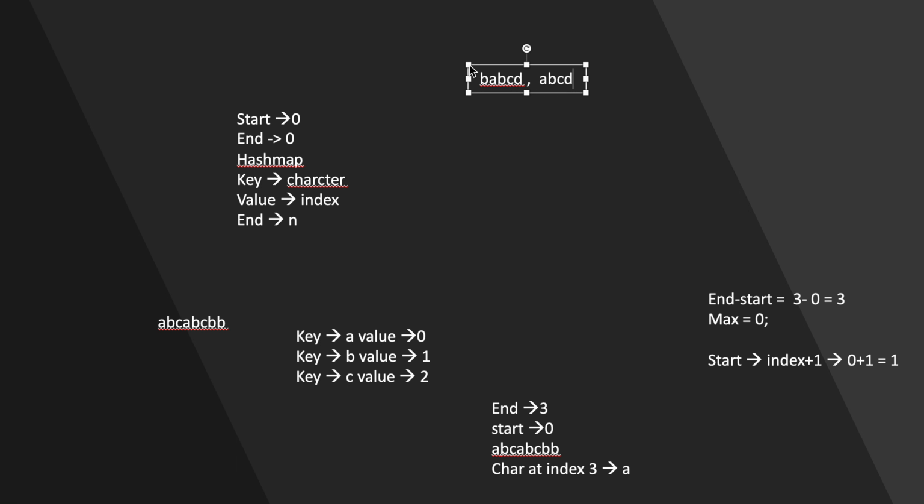For this scenario, after iteration, that is after the while loop, we just need to calculate the length again using the same formula, end minus start, and compare with the resultant max variable using simple math function, Math.max. That's it for the solution.